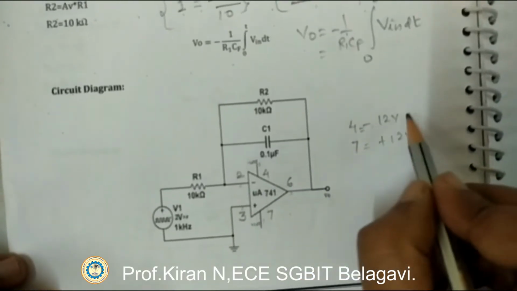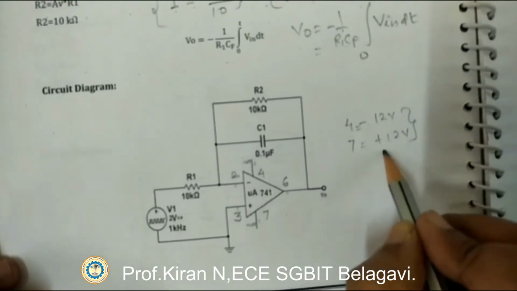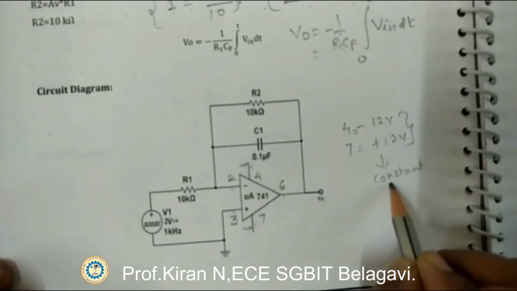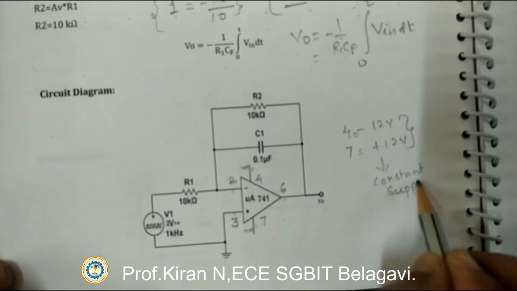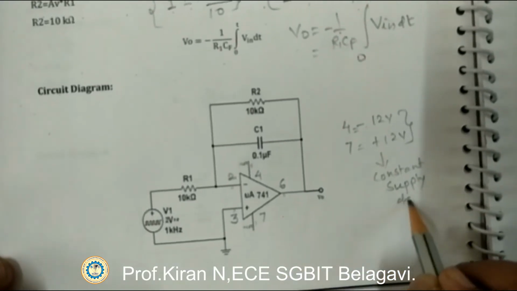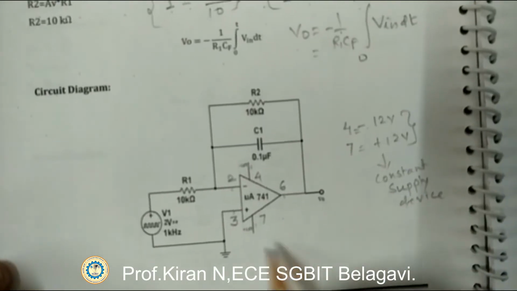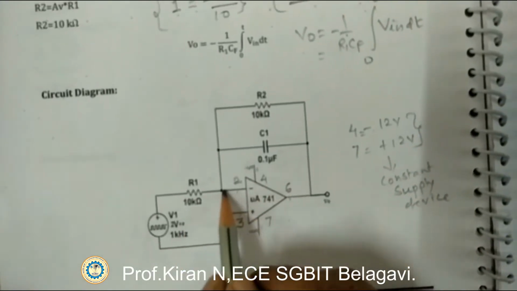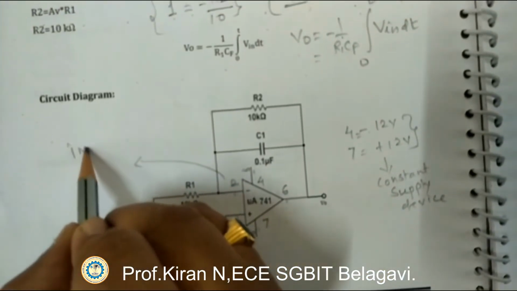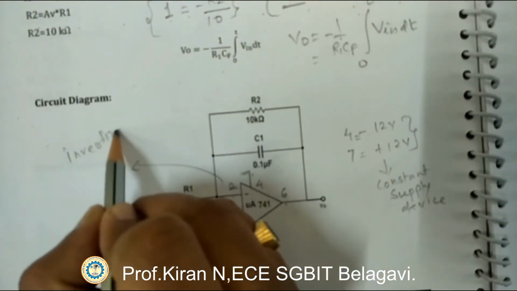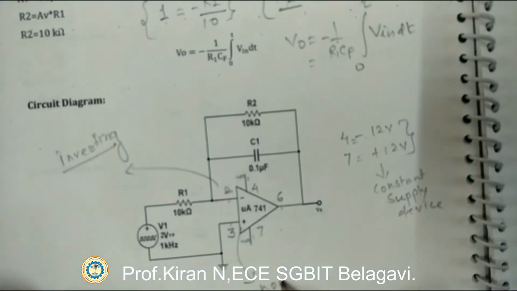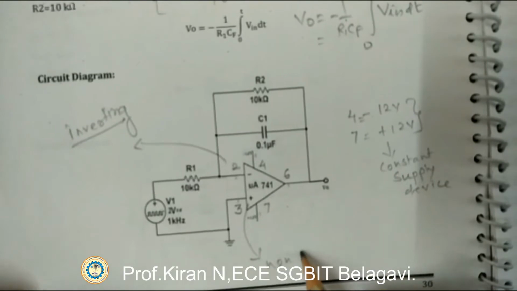These two are the constant voltages which are provided by a constant regulated supply. Now pin number 2 is the inverting terminal and pin number 3 is the non-inverting terminal.